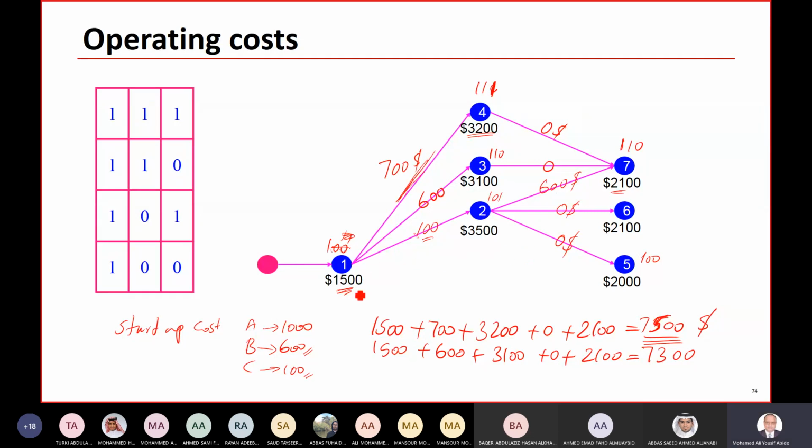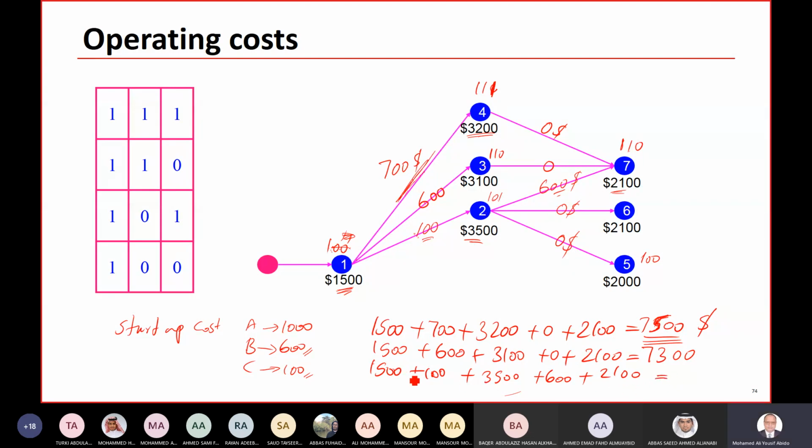So for the third solution, you have this path. This is the path of the third solution. You can have 1,500 plus 100, are you following, plus 3,500 plus 600 plus 2,100.